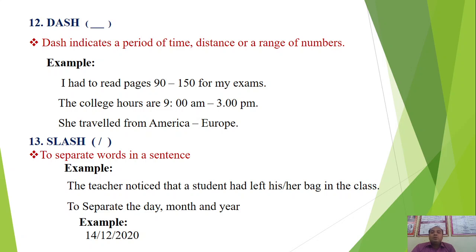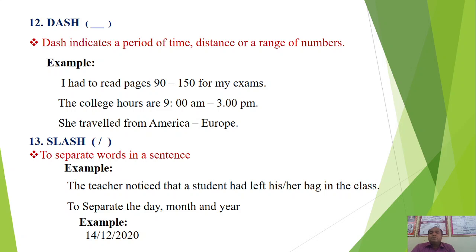So while using a range of numbers we use a dash, and the college hours are 9 a.m. to 3 p.m. So here the period of time is also shown with a dash, and the distance also, like she traveled from America to Europe. So in showing a period of time too, we use a dash.